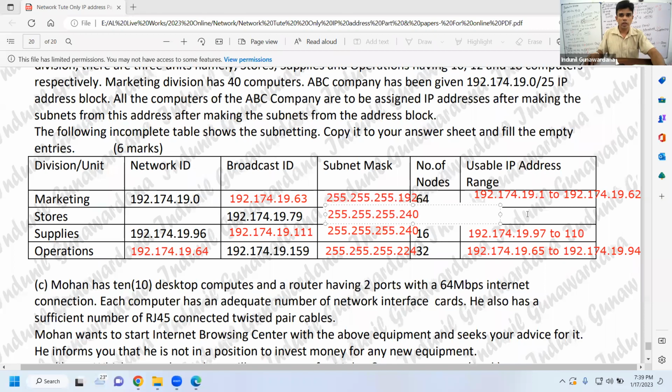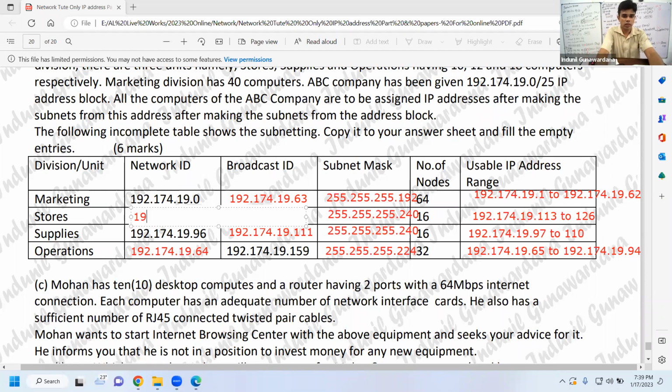And the IP range goes like 192.174.19, next is 113 to 126. The network ID is going to be one less than that, 192.174.19.112. So if I do that accordingly.